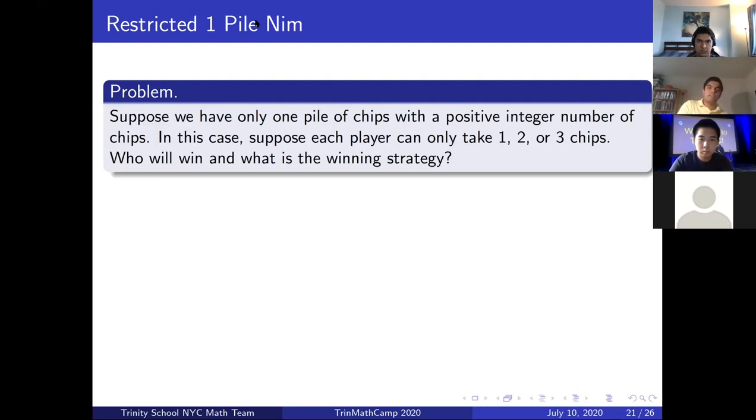Think about what scenarios player 1 might win and what scenarios player 2 might win. I highly, highly advise playing with smaller examples to get the idea of this. Start playing with 1 chip, 2 chips, 3 chips, 4 chips, all the way up to whatever number of chips you want. The solutions to those smaller cases will give you some insight into the general solution.